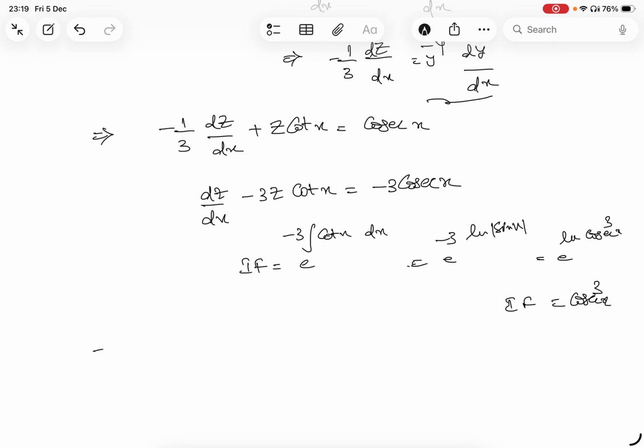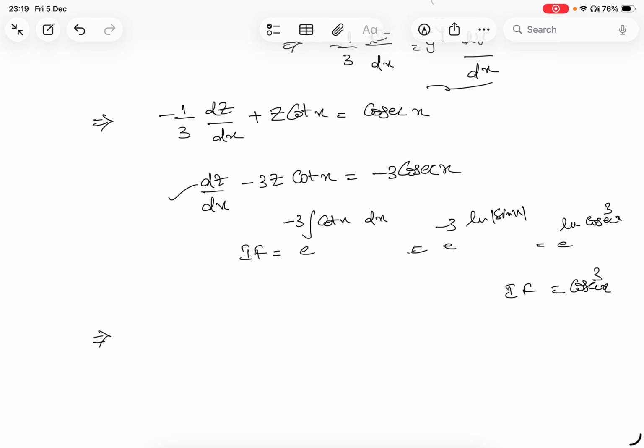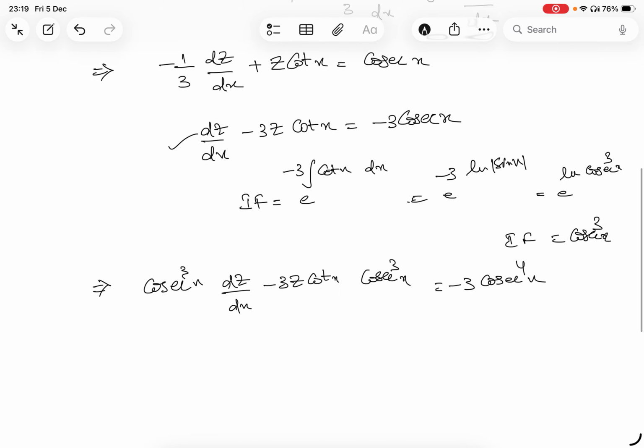So the integrating factor is cosecant cube x. So let's multiply this integrating factor to the differential equation. Now this becomes cosecant cube x dz by dx minus 3z cot x into cosecant cube x equal to minus 3 cosecant cube x into cosecant x, which is cosecant power 4 x. Right?